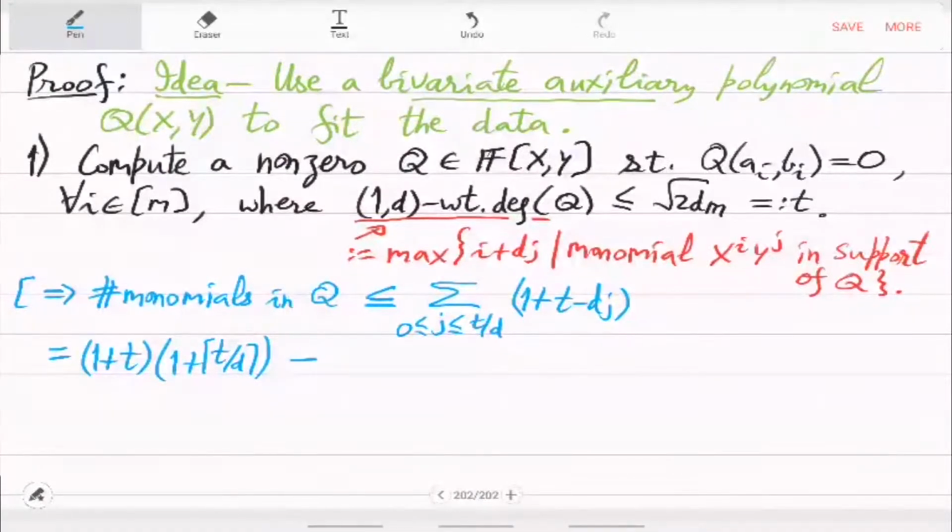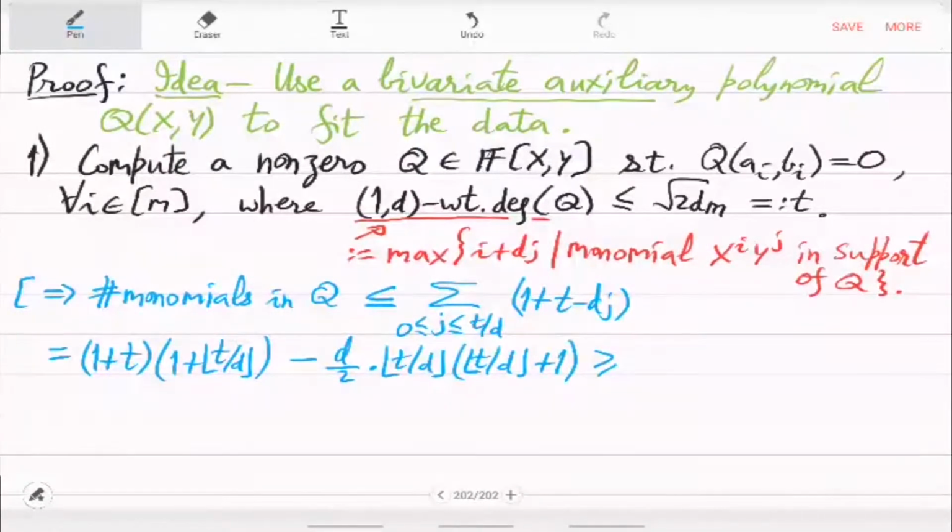minus t by 2 times t by d, right, sigma j. So that is t by d times t by d plus 1 by 2, and the d multiplier is there, which is at least how much?